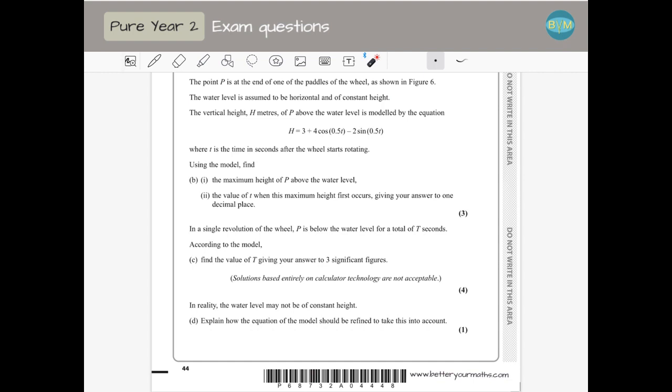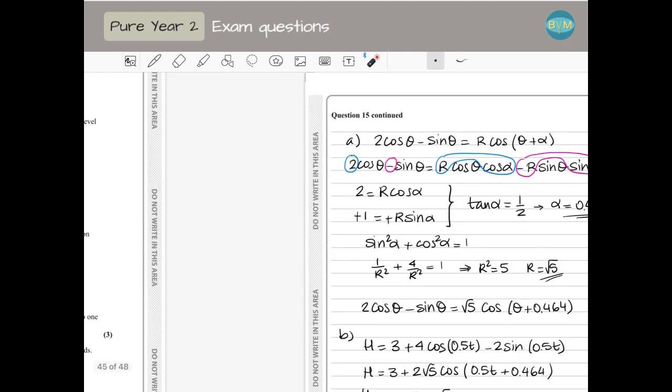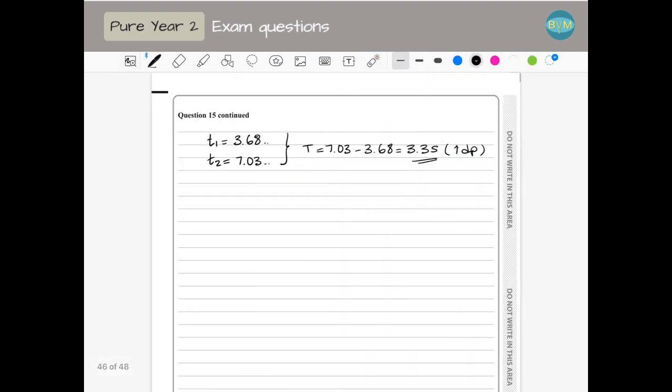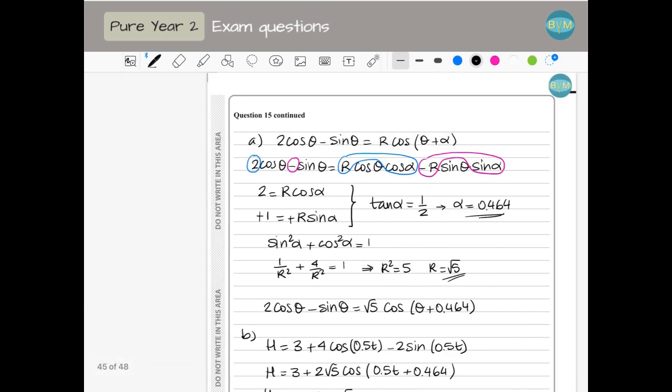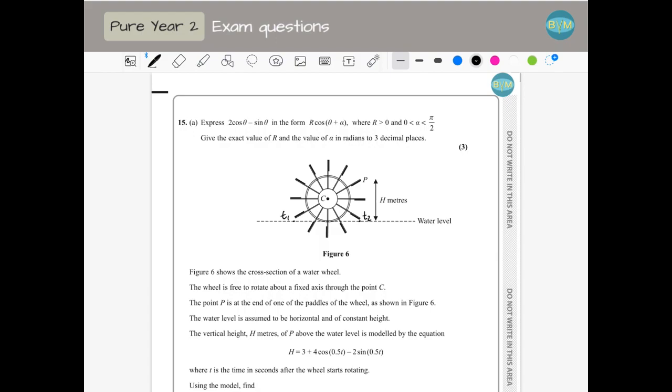If the water is not completely flat and it changes, this 3 should change. And we have no idea how that would change, so don't overcomplicate. It's just a mark question. So just write that 3 should vary, and that's enough for that. And that's all with this exam question.